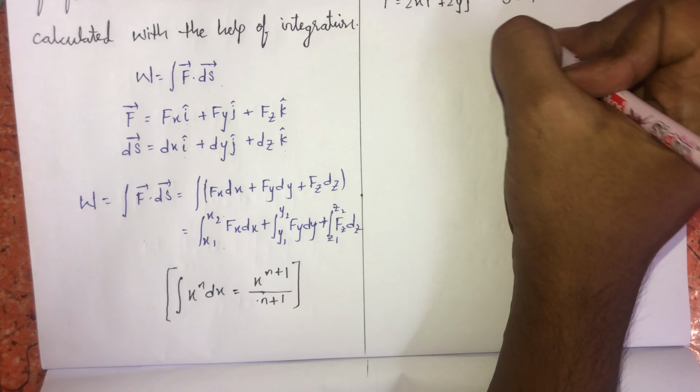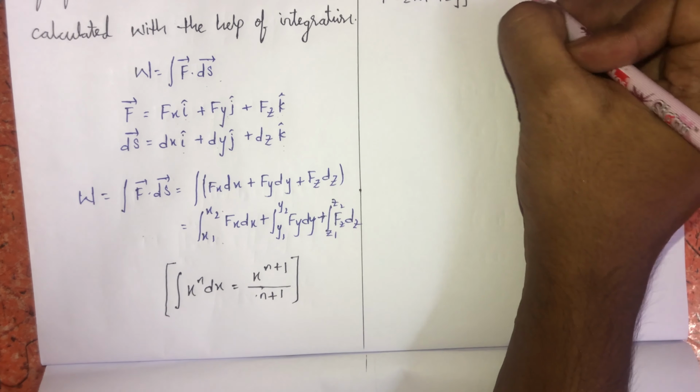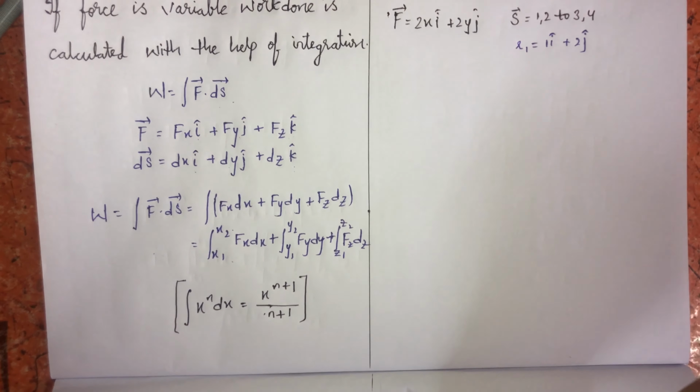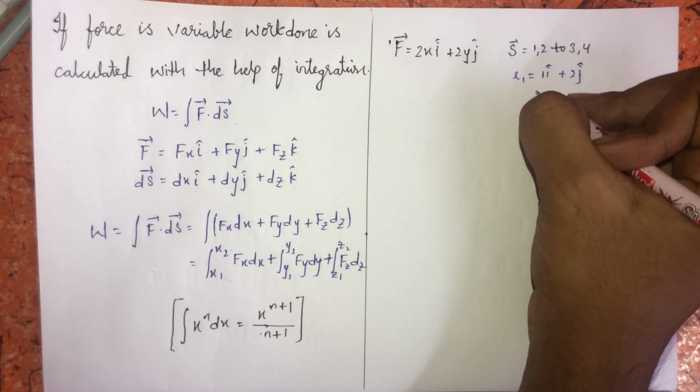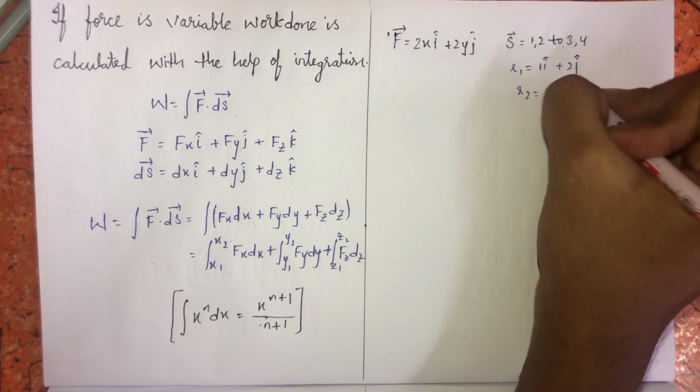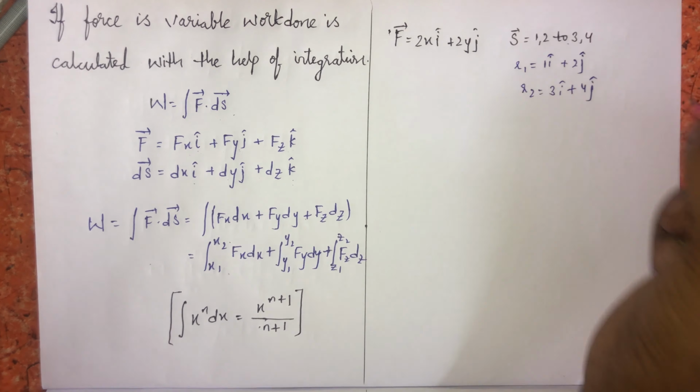Then r1 will be equal to 1i plus 2j, and r2 will be equal to 3i plus 4j.